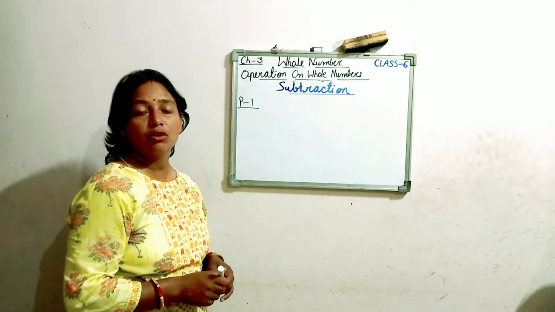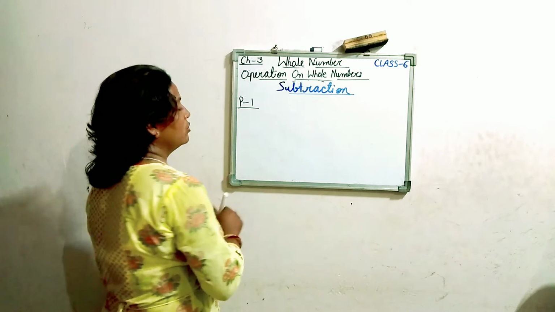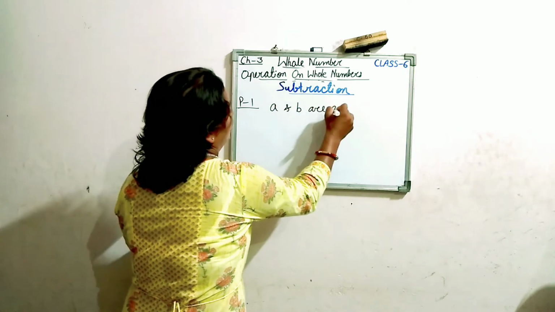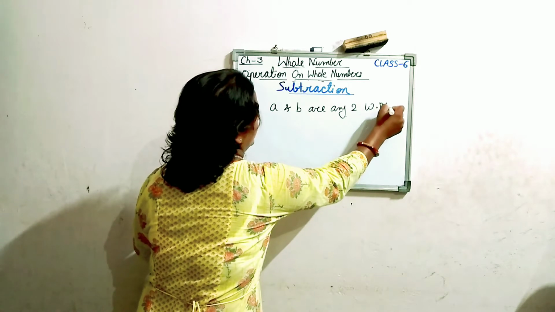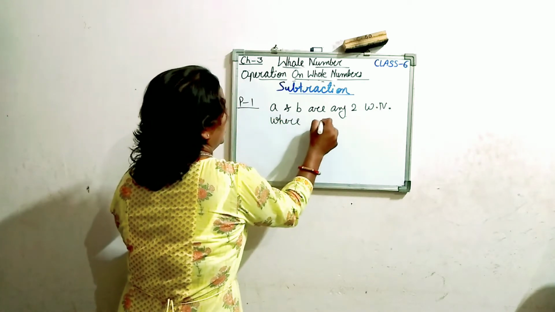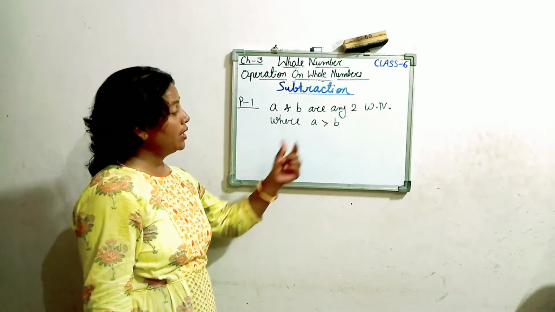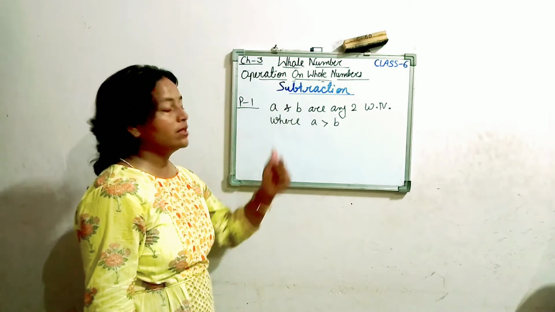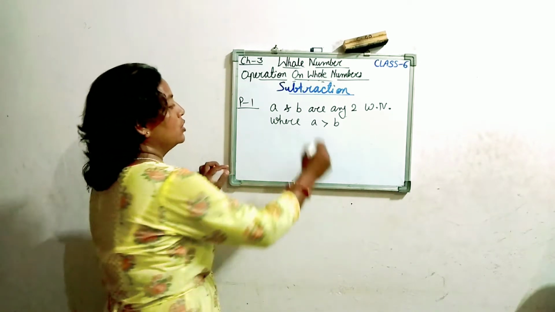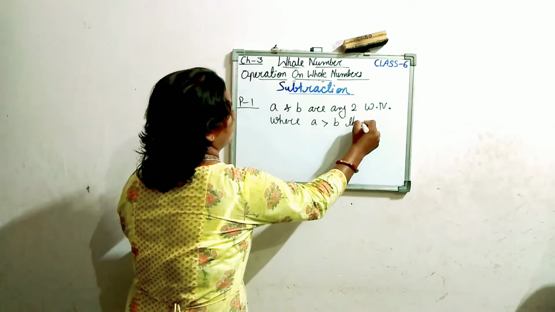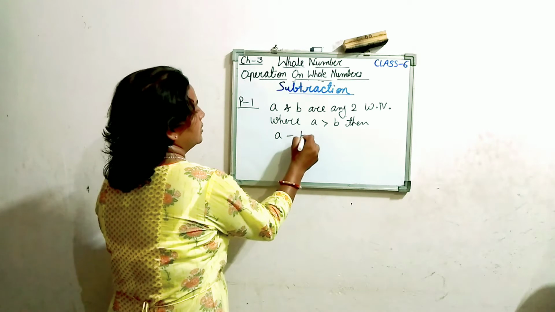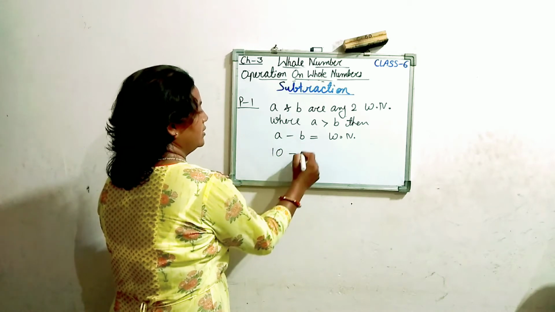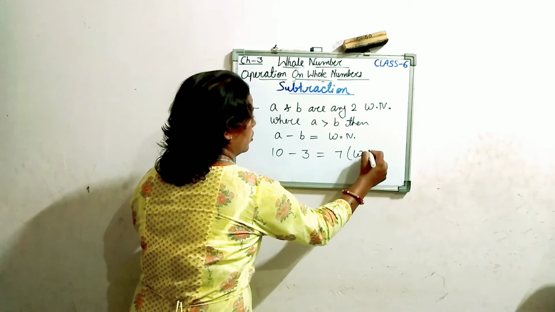Like, the first property was the closure property in addition. So look, the closure property: A and B are any two whole numbers where A is greater than B. Students, you are bound here, where A is greater than B. In addition there was nothing like this because we were adding there. As we are talking about subtraction today, we have to subtract. So greater minus smaller, so A is greater than B. Then look at it here, A minus B is equal to a whole number. Suppose A is equal to 10 and B is equal to 3, 7, which is a whole number.